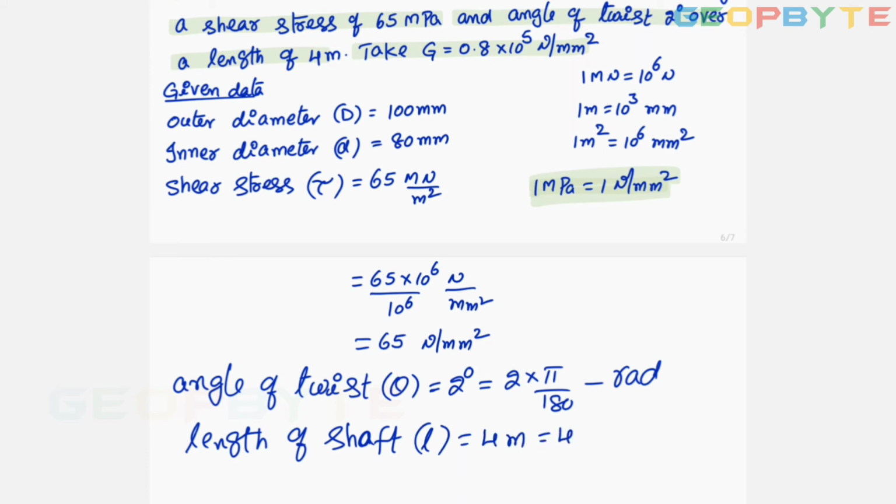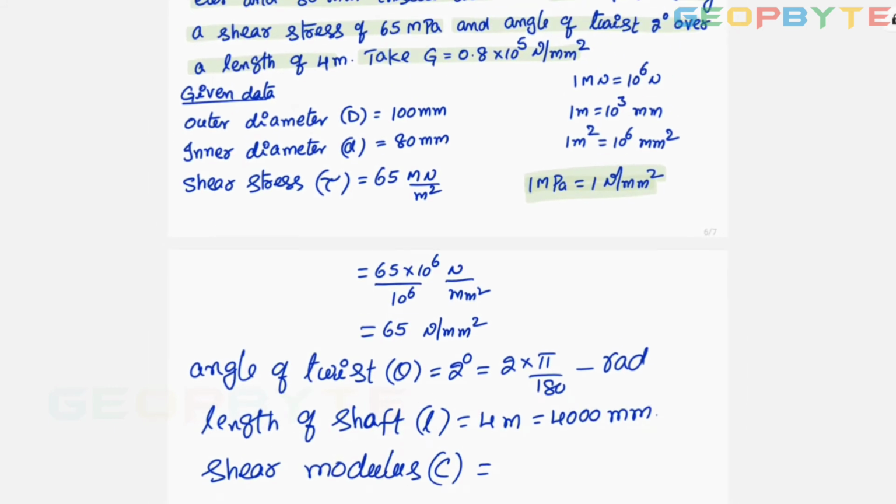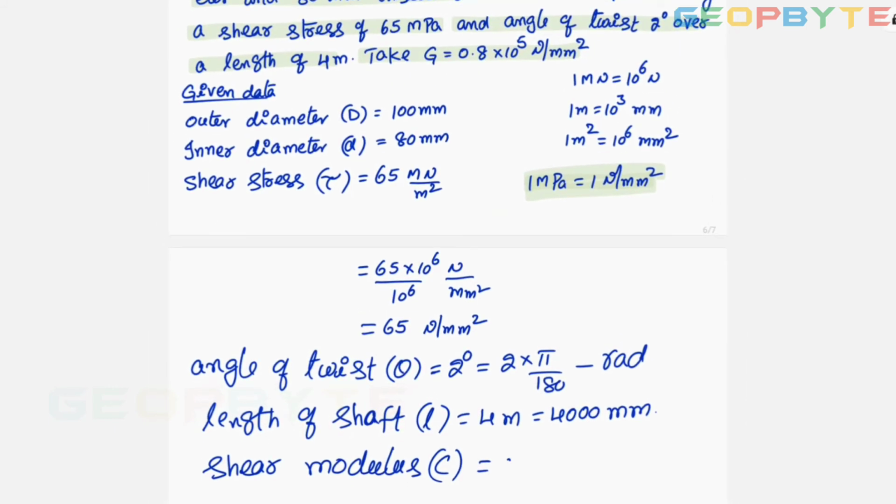It is equal to 4000 millimeters. Okay. Shear modulus C or G, how much is it given? 0.8 into 10 power 5 Newton per mm square.